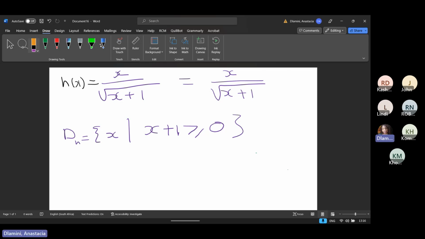Look at the function and look at our domain. Square root of x plus 1 is not equal to 0. Did you hear that? Please repeat. Square root of x plus 1 is not 0. Why? Why is it not 0?